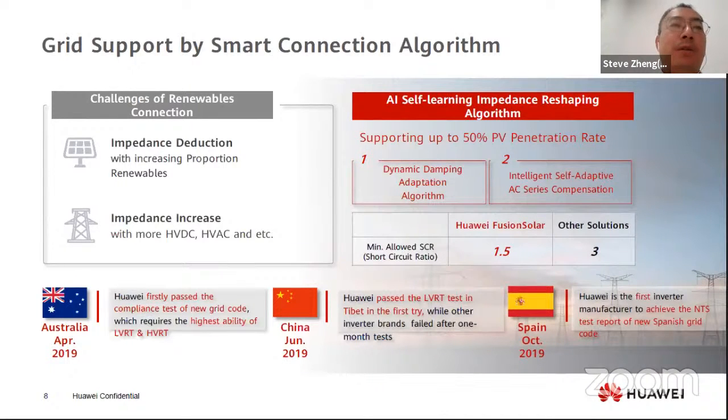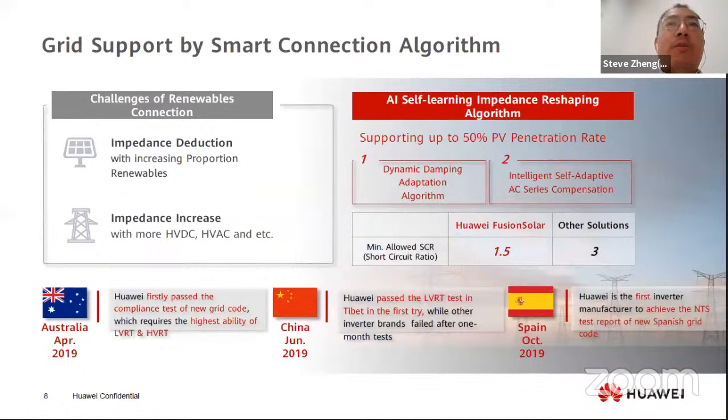This unique AI self-learning prepares the PV plant for the future, even when the ratio of renewable energy increases. So now on the right side, for Huawei, our inverter can support a minimal SCR. SCR means the short circuit ratio, and it can go down to 1.5. This means, for example, in Australia, in China and also in Spain, when we connect the inverter to a low SCR environment, it is safe and also reliable.